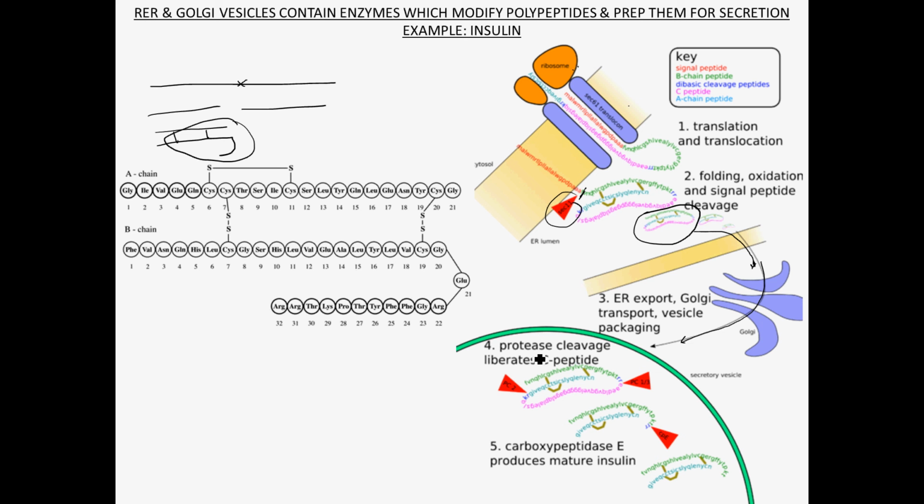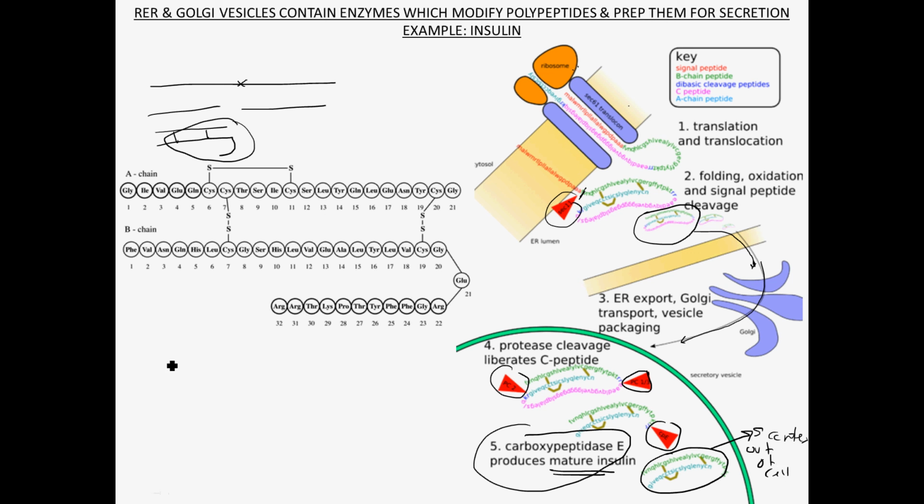And as it works its way, it being the immature insulin, through the Golgi, you get other enzymes here and here and here that are going to be doing essentially what I was describing up here, right? Cutting this, binding these two things together, cleaving it, so that by the end you have this last enzyme here, carboxypeptidase E, that produces the mature insulin, and that mature insulin right here will be destined to be secreted out of the cell.